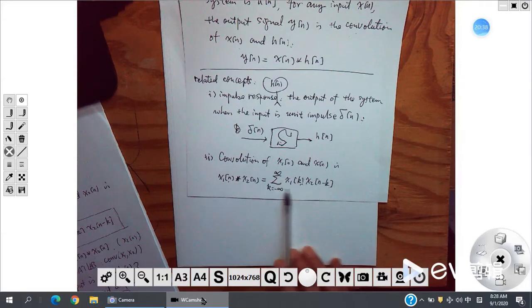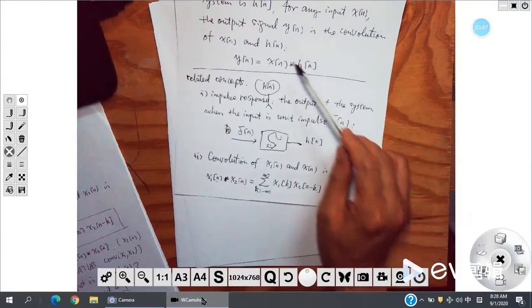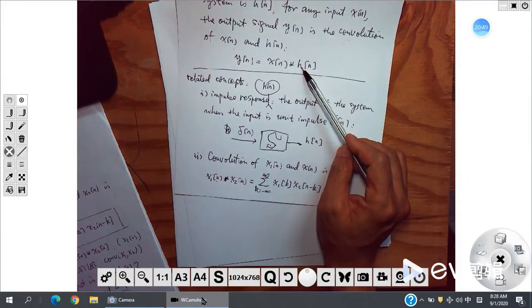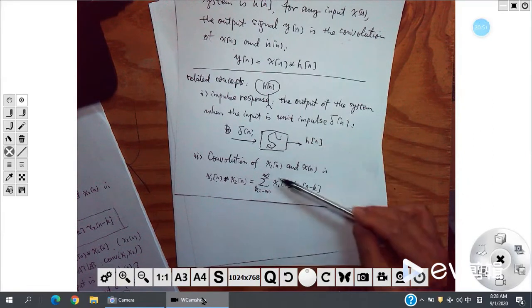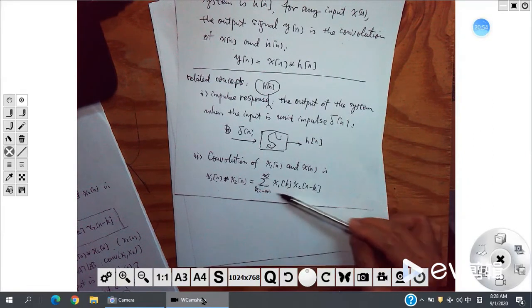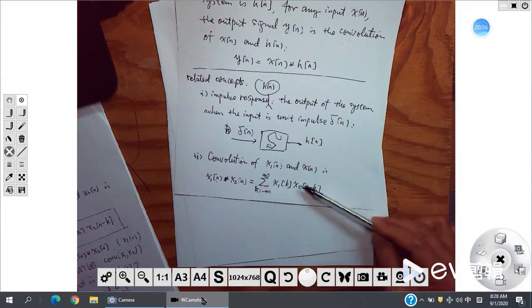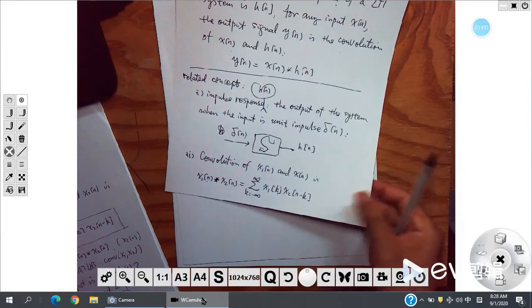You follow the formula. If you know these two, you plug in, you can have the result. So when you know the impulse response and you know the input, you can calculate y using this definition, this convolution. All right.